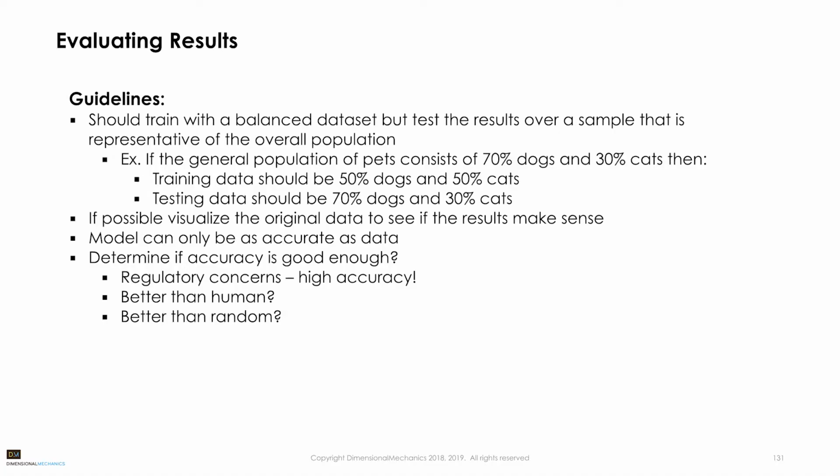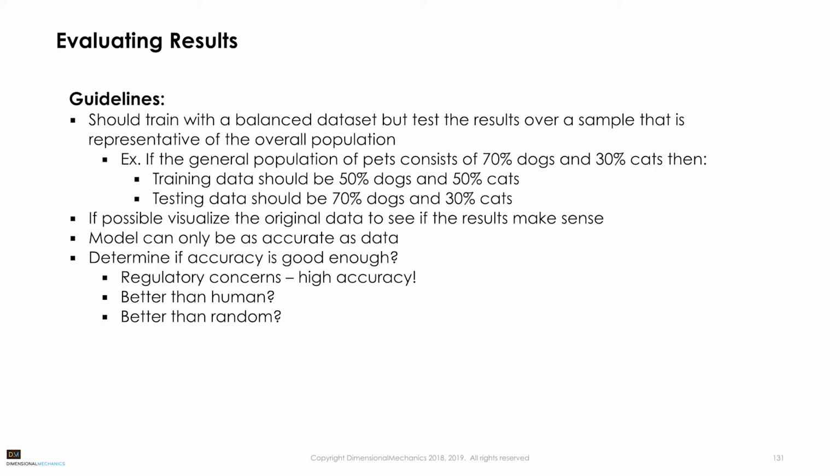The other thing is to train with a balanced data set. If you have a general population of pets, say 70% dogs and 30% cats, it's a made-up number, I have no idea. I personally like dogs, so I'm going to bias my model toward dogs. What you should do, though, is balance it even though you have this discrepancy: 50% dogs and 50% cats.